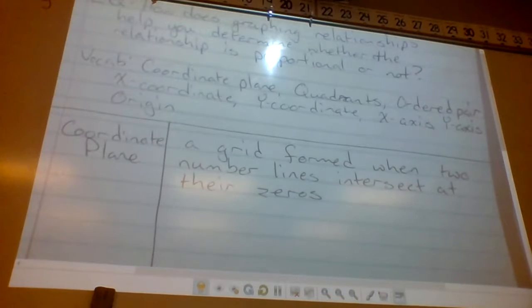That's what it is. But those 2 number lines have specific names. It's not coordinates, it's going to be the x-axis and the y-axis.